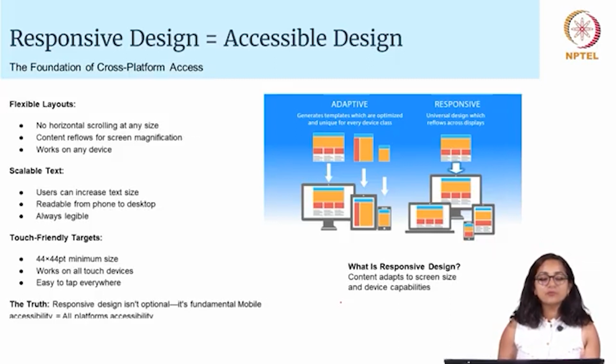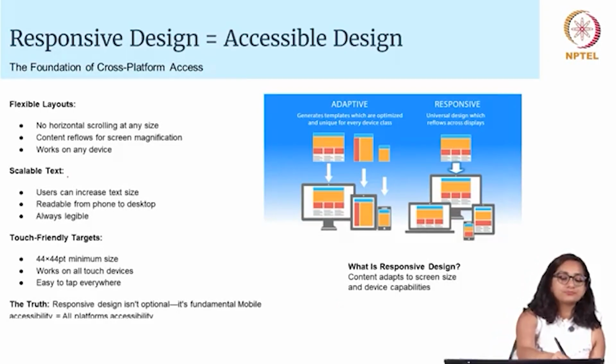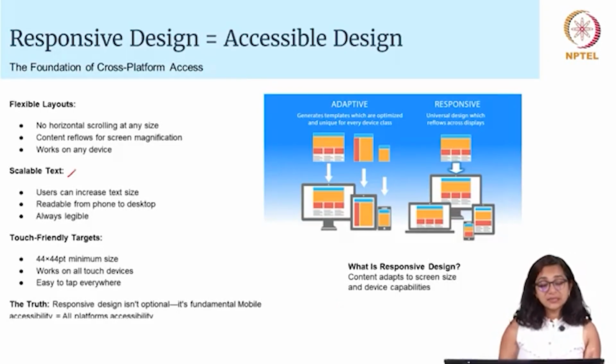So first is of course flexible layout. So no horizontal scrolling at any size. Content reflows for screen magnification, works on any device. Scalable text, users can increase text size, readable from phone to desktop, always legible.